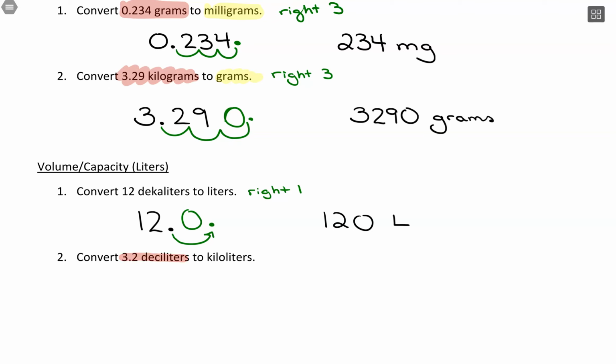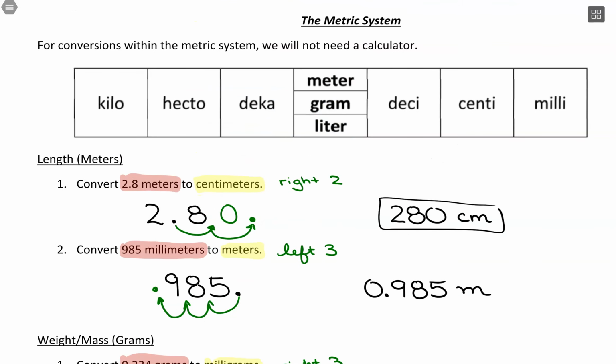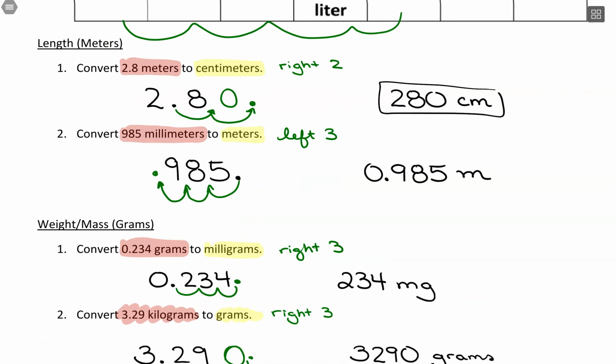Let's see, going deciliters to kiloliters. Let's go to our picture here. So I'm starting at deciliters, ending at kiloliters. So I'm going to go 1, 2, 3, 4 to the left.